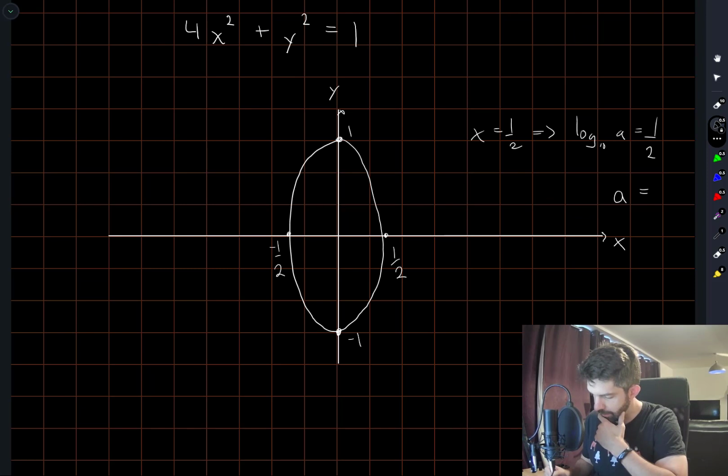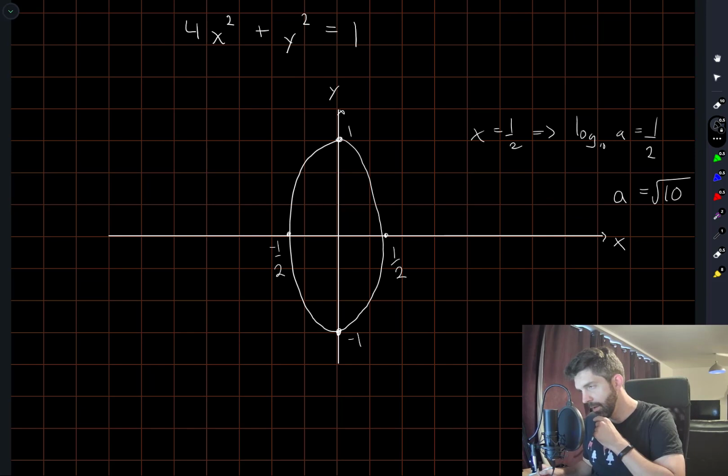So then 10 to the half is equal to a, right? Which is one of the options. And that number is greater than the other options given, 1/10 and 1. So we can immediately rule those out because we have a value of a, root 10, which is larger than those.